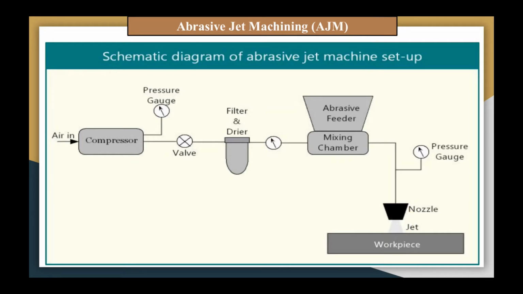The nozzle also maintains the appropriate stand off distance, that is SOD, and discharge angle. This high velocity jet erodes the material from the workpiece at a controlled rate, and thus material removal is obtained. Hence here only abrasive particles participate in the erosion action. So this is the summary of AJM.